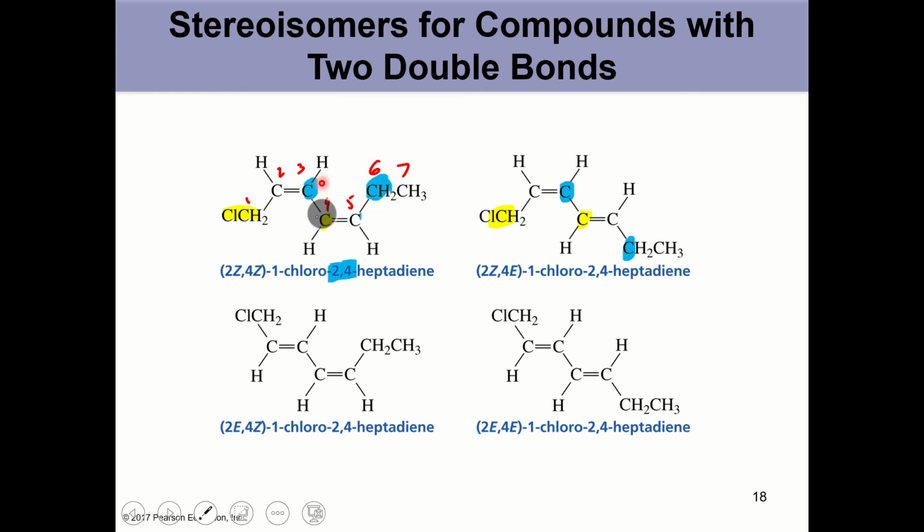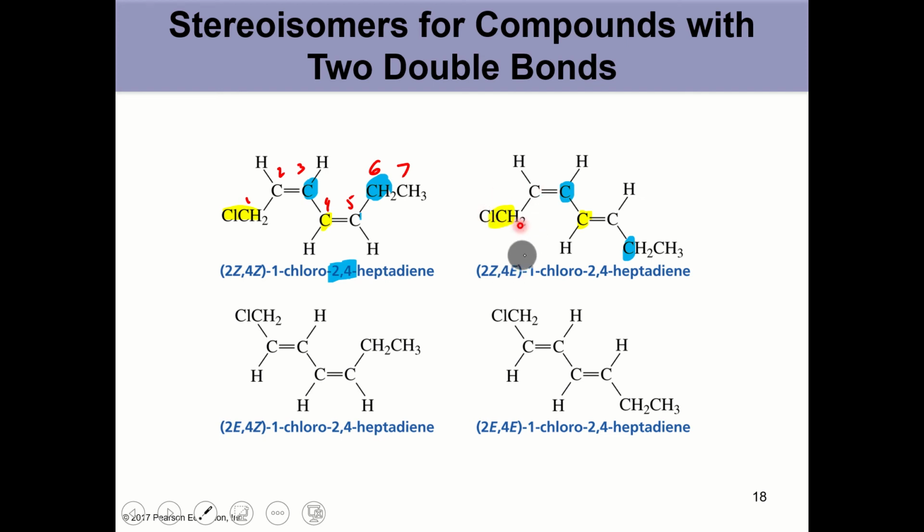This double bond is also Z. We can compare this with another molecule. This molecule has a stereoisomer where it may have one Z and the other E, but as long as one of the two changes, then it is not the same thing, it is a stereoisomer.